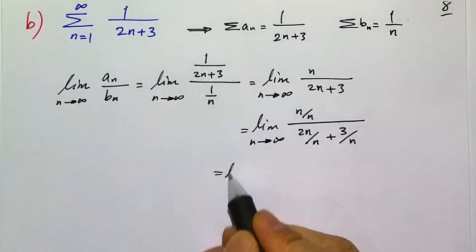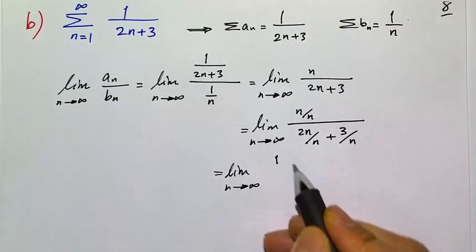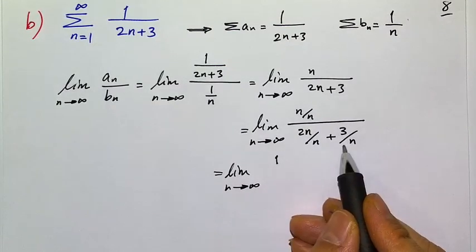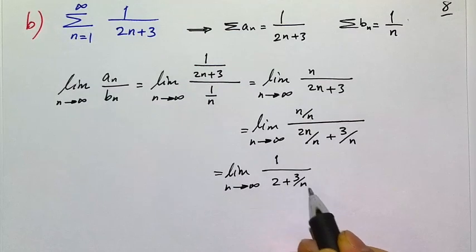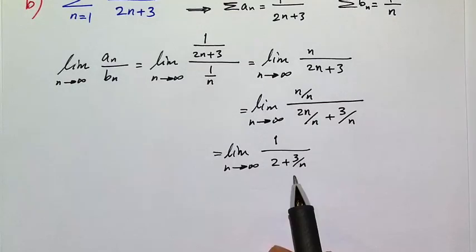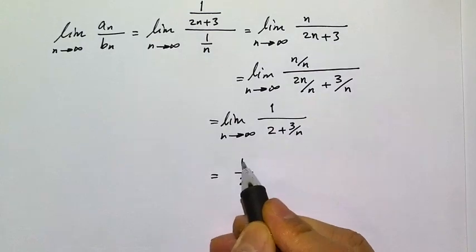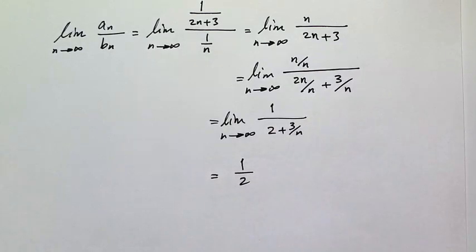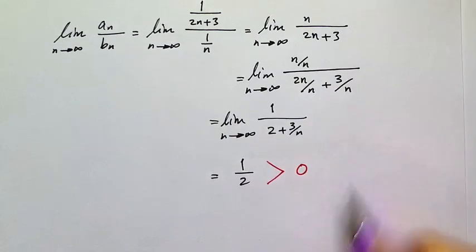So what do we get? We get 1 over 2 plus 3 over n, right? So applying the limit, we have 1/2. This is, of course, greater than 0.